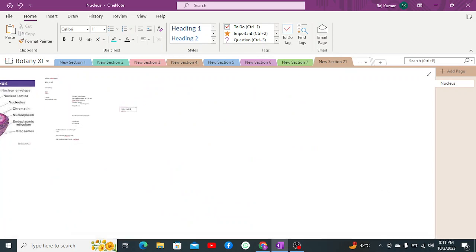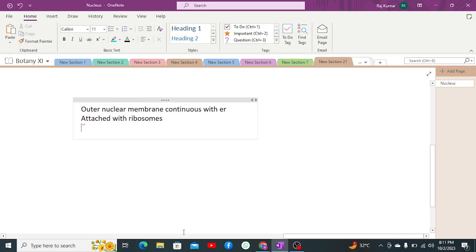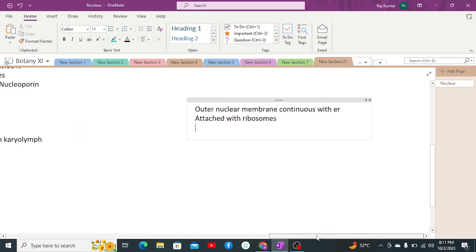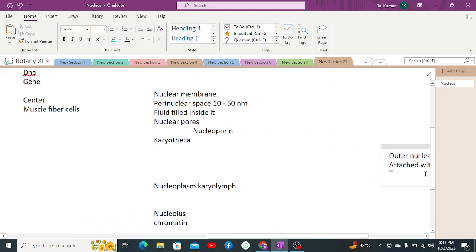The outer nuclear membrane is continuous with the ER and attached with ribosomes. It is also supposed to form the rough endoplasmic reticulum. So this is the function of the outer nuclear membrane.